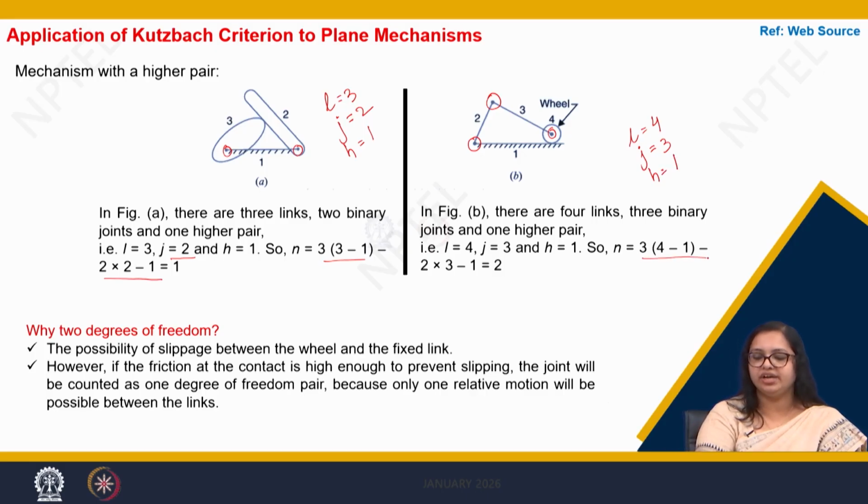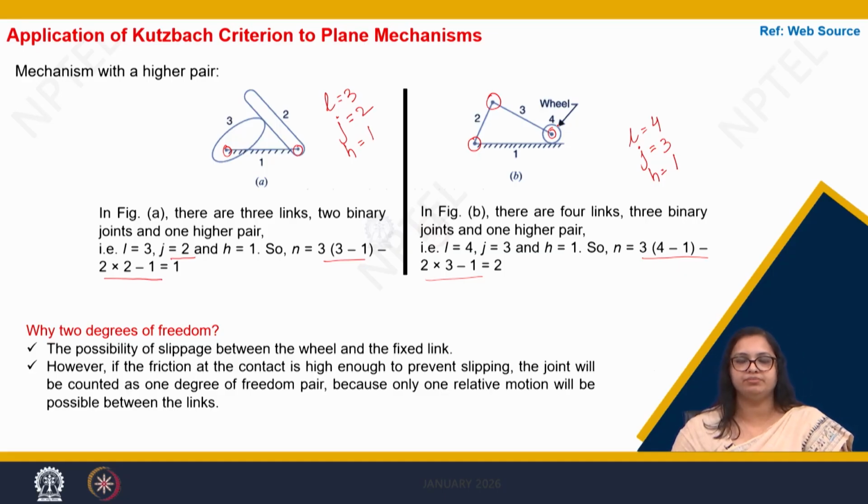So there you get a degrees of freedom 2. When link 2 rotates, the wheel would be moving back and forth, and there will also be movement between link number 3 and number 4. When the friction between the wheel and the surface is high enough, then the degrees of freedom boils down to 1.